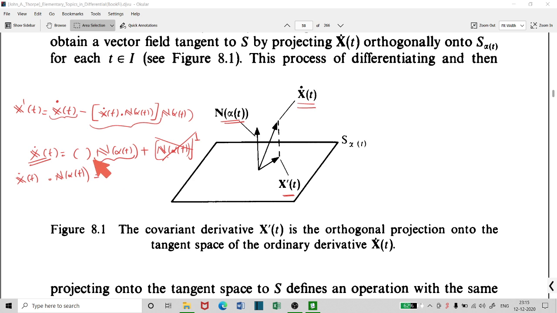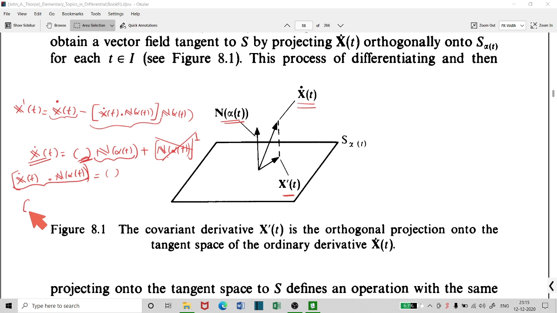Then this will be this component. Okay, so this will give the coefficient of n of alpha of t when you write X dot t as a linear combination of n of alpha of t and a vector perpendicular to that. So when you evaluate this, you get this coefficient.